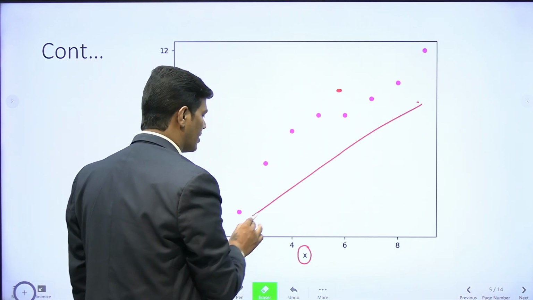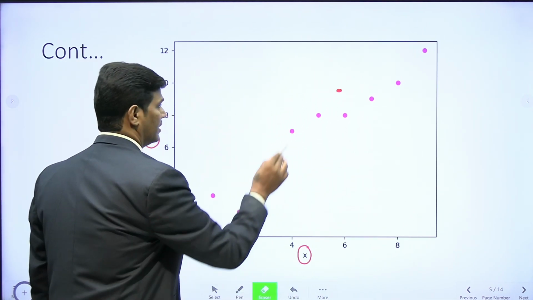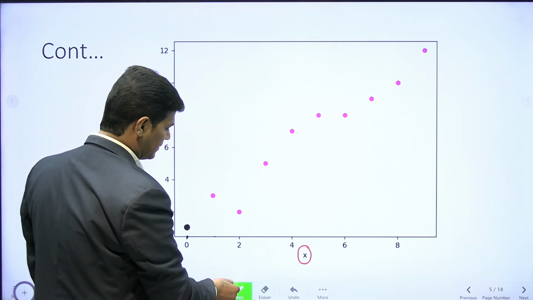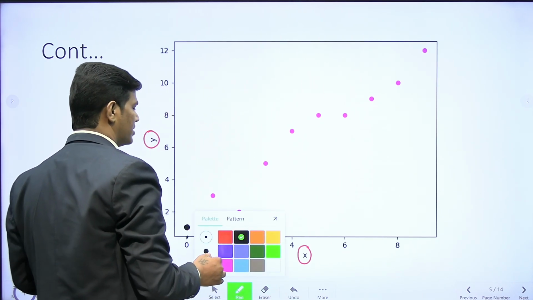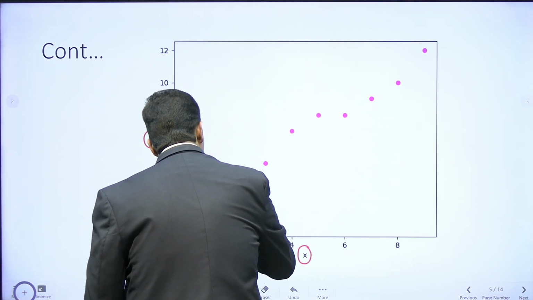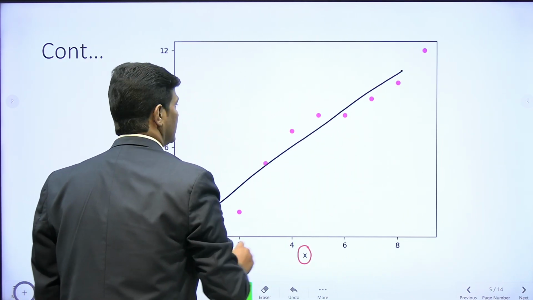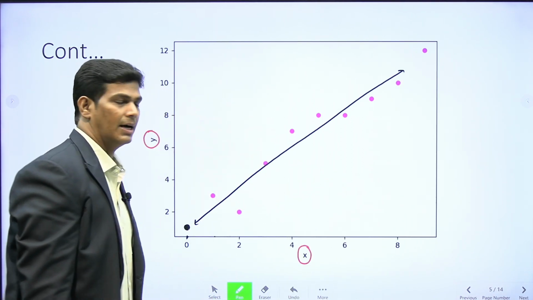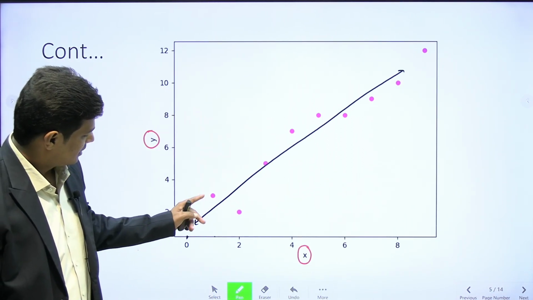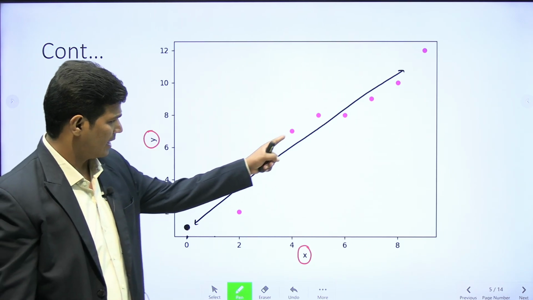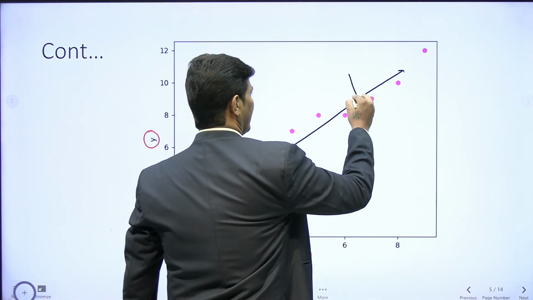So in that scenario, we need the best fit. How do we create it? This is only possible when you draw the line that passes through the middle of these points. Here it is close to all the points, and this is what is called the regression line.